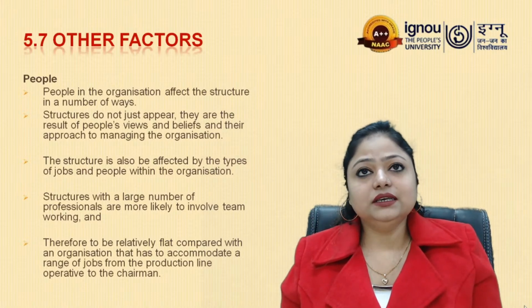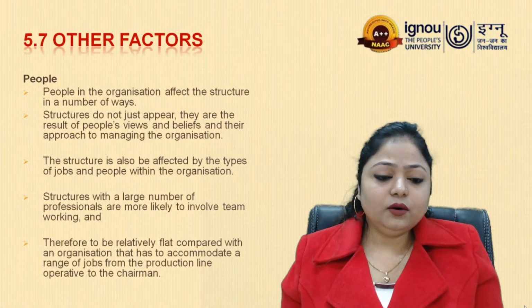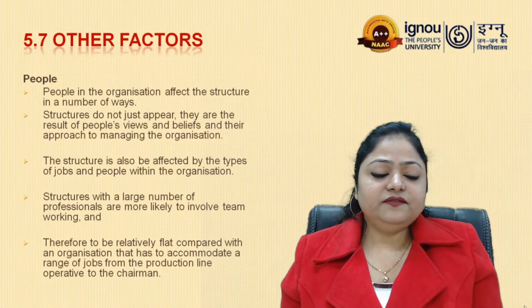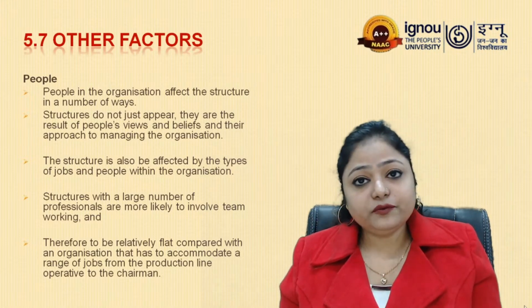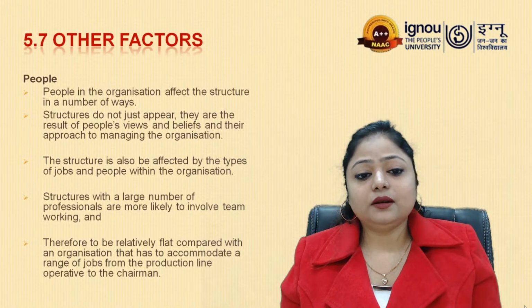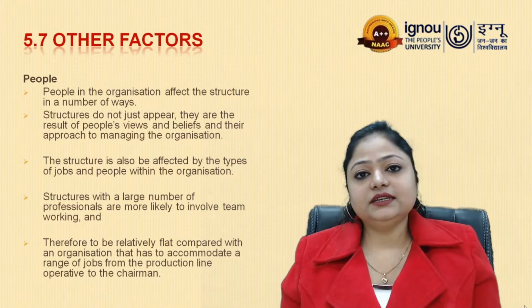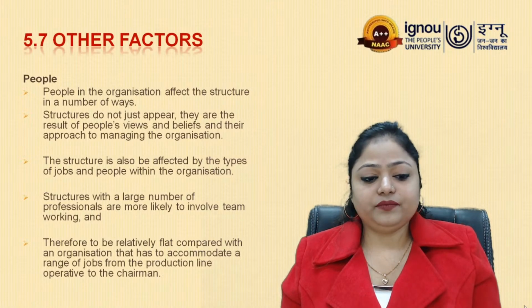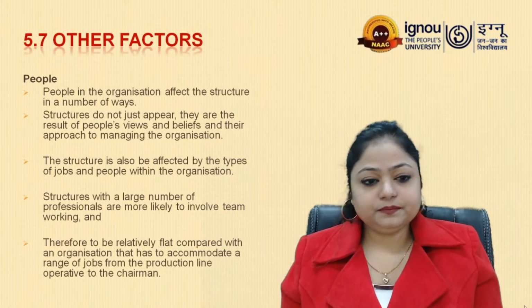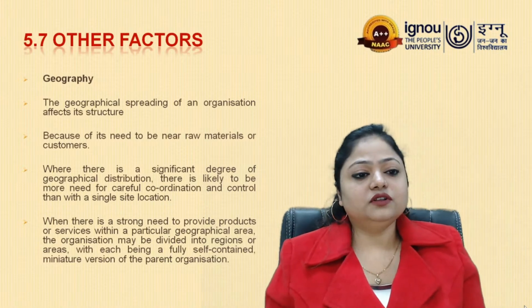So people are the key element of any organizational behavior, any HRD department, or the organization as a whole. A structure with a large number of professionals is likely to involve more team working, and therefore it is relatively flat compared with an organization that has to accommodate a range of jobs from production line operative to the chairman. Then geography also affects the overall organizational structure.